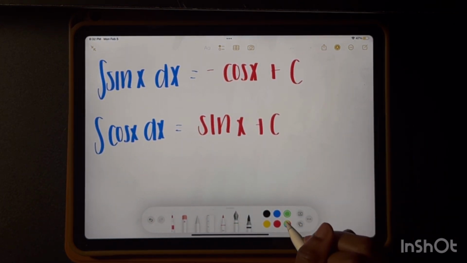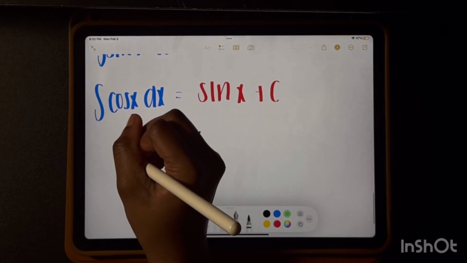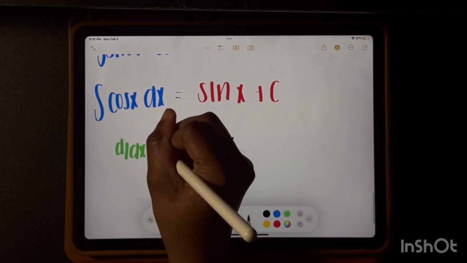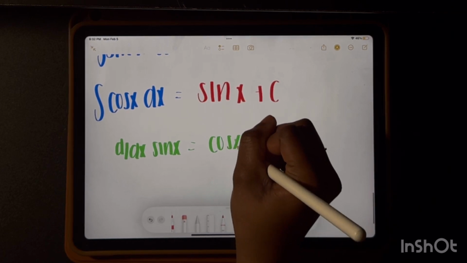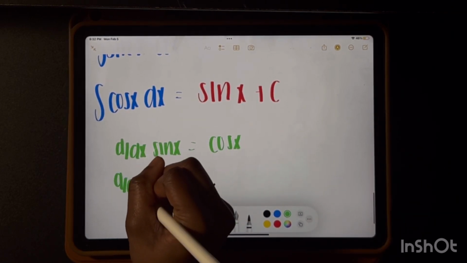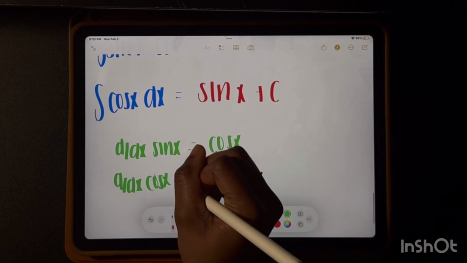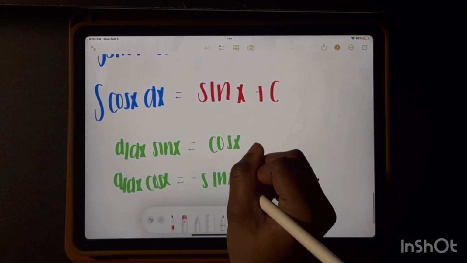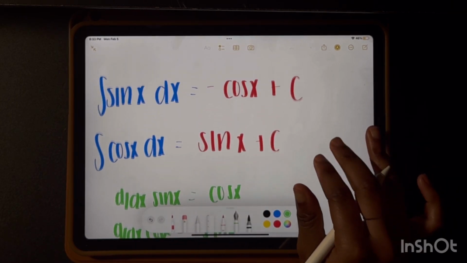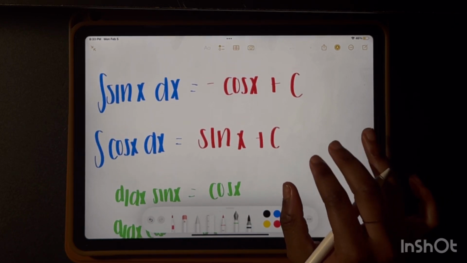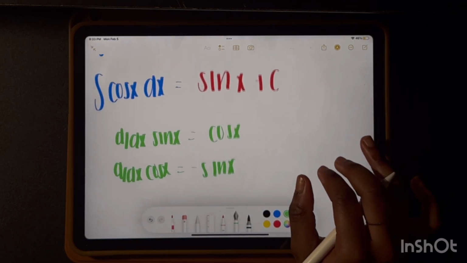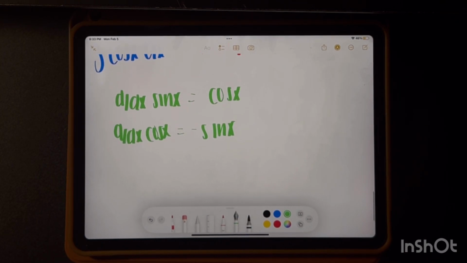If you can recall from learning derivatives, the derivative of sine equals cosine, and the derivative of cosine equals negative sine. As we can see here, that is switched when it comes to integrals. So remember the difference.